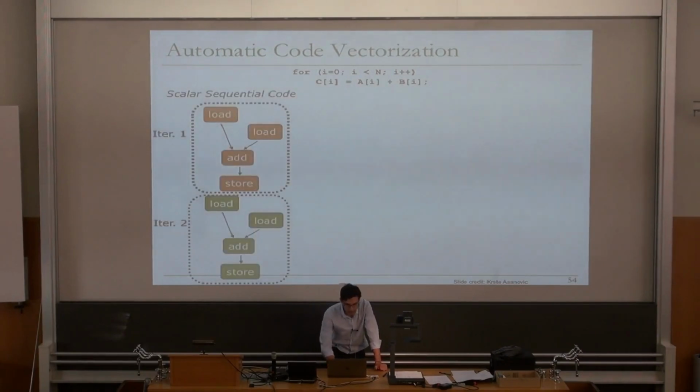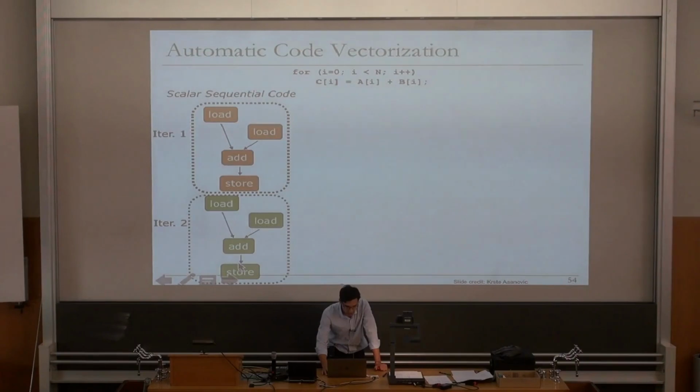Recall this example where we are adding the elements from 2 vectors. This is a vector add for n elements, and we store the result in ArrayC. A scalar sequential code would be something like that. For the first iteration, we load A, we load B, we add, and we store. For the second iteration, load, add, and store.